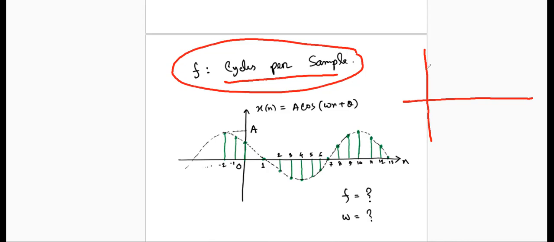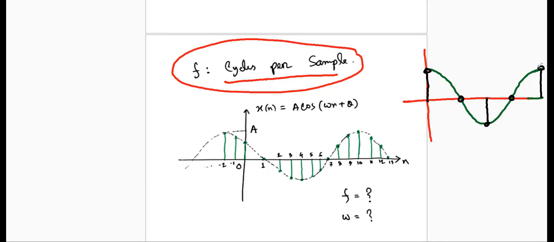Let me draw it. Let's say this is the full cycle, and try to take it like this. So I'm taking 1 sample, 2 sample, 3 sample, 4 sample, and 5.